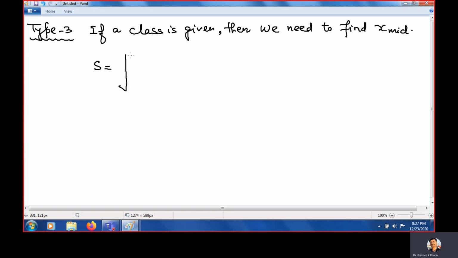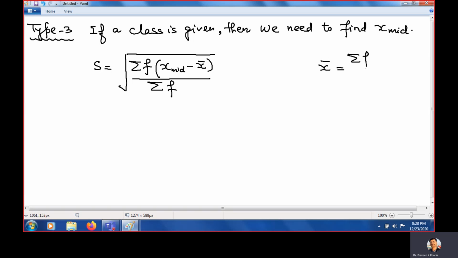It is ditto, same to same. Only x will change to x mid. Sigma f, this x will be replaced by x mid now, x mid minus x bar, upon sigma f. There is no change. Only the x value is changed to x mid, because if you remember, in x bar it was not sigma fx, it was sigma f x mid upon sigma f.